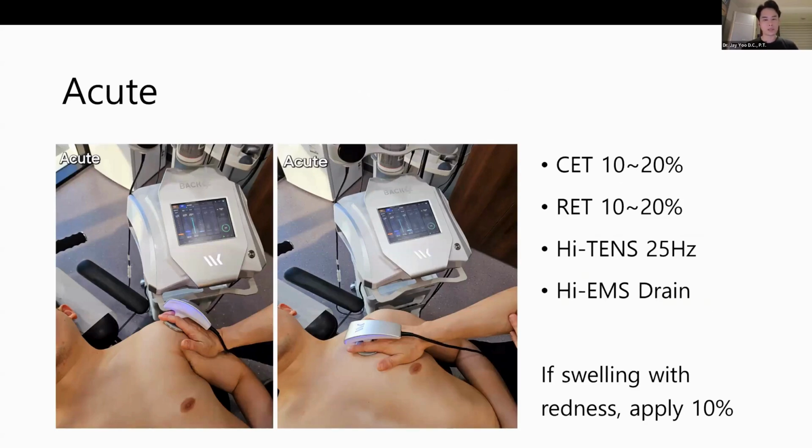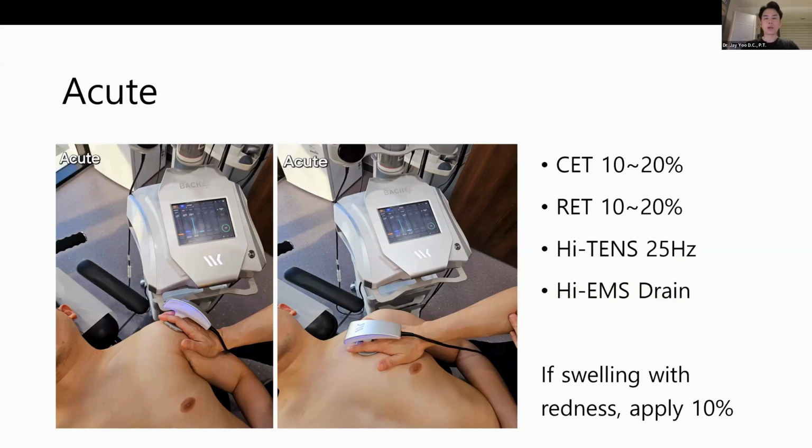For an acute case, if a patient is injured in the acute stage, we should apply 10 to 20% intensity CT and RT. It should be athermic treatment without heat.